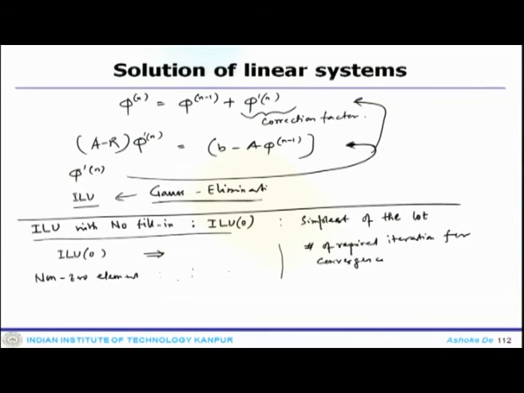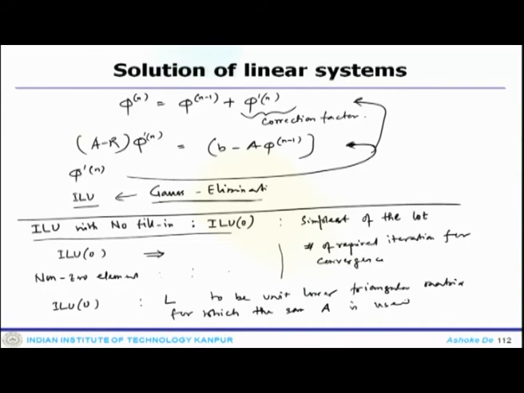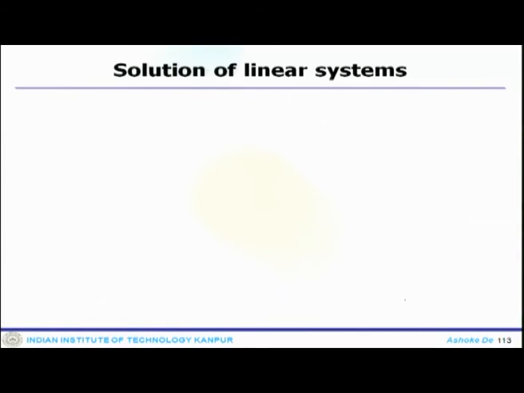What you do in ILU 0 factorization is assume L to be a unit lower triangular matrix, for which the same A is used to store the elements of the unit lower and upper triangular matrices, and L and U can be written in that kind of approach.